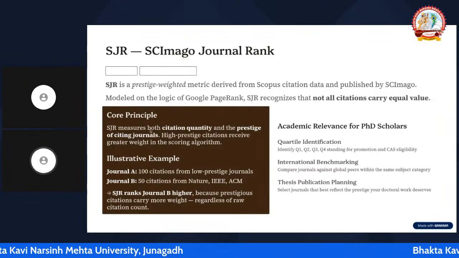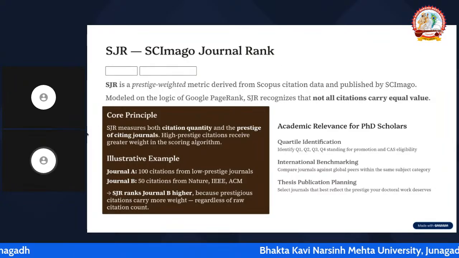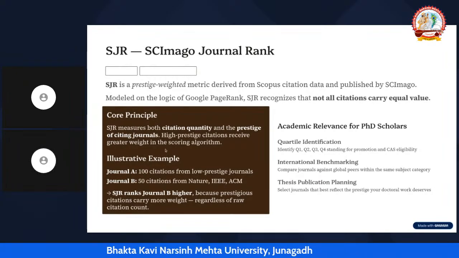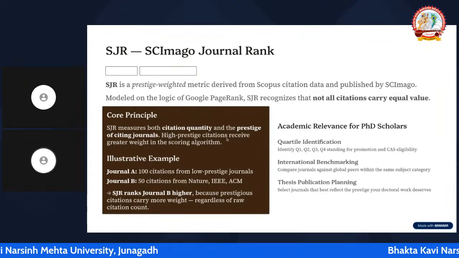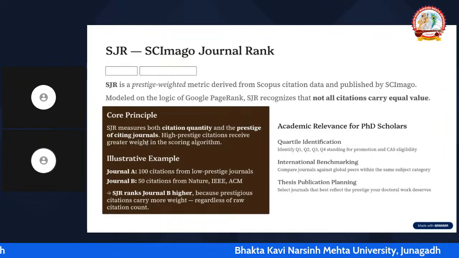And SJR, SCImago Journal Rank, in short, we can say that SJR measures both citation quantity as well as prestige of citing journals.